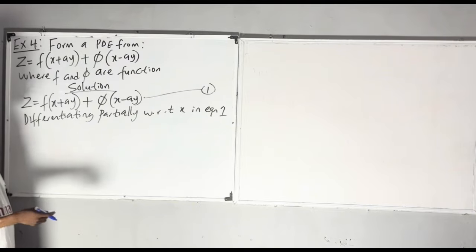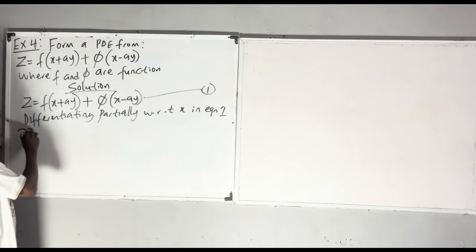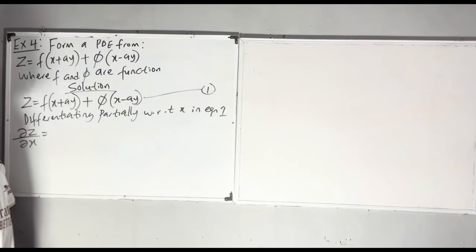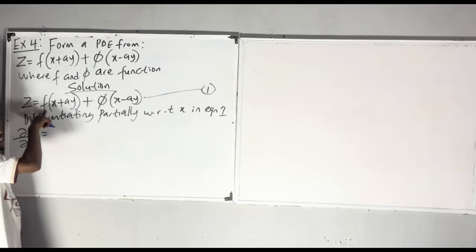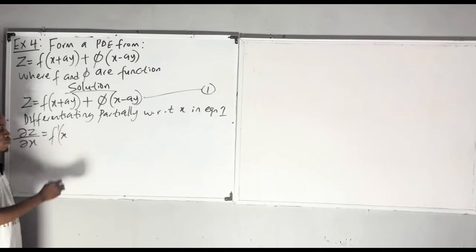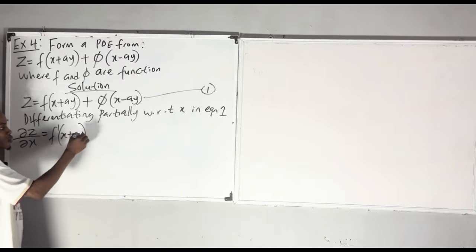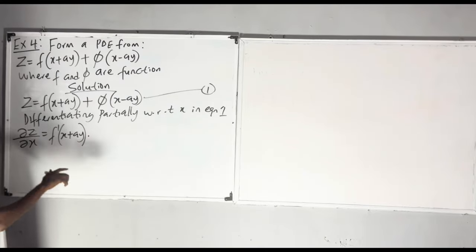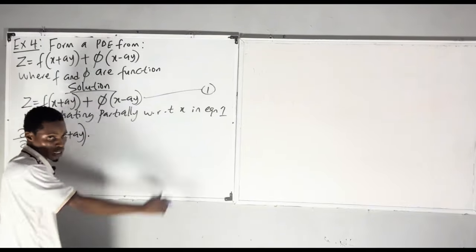If I differentiate z, I'm going to have partial z partial x, or dz dx, either way you call it. Remember how we differentiate this. We are going to differentiate f prime, multiplied by all what is inside the bracket, x plus ay, multiplied by the derivative of what is inside the bracket with respect to the given variable.